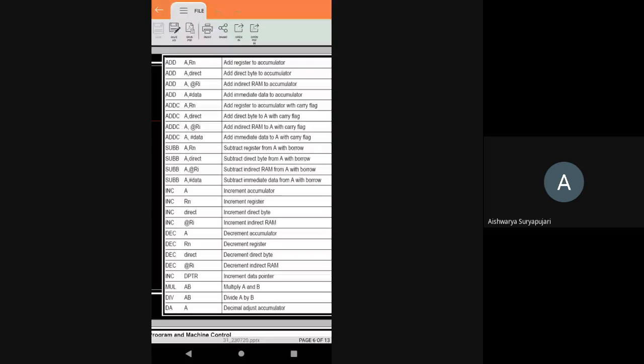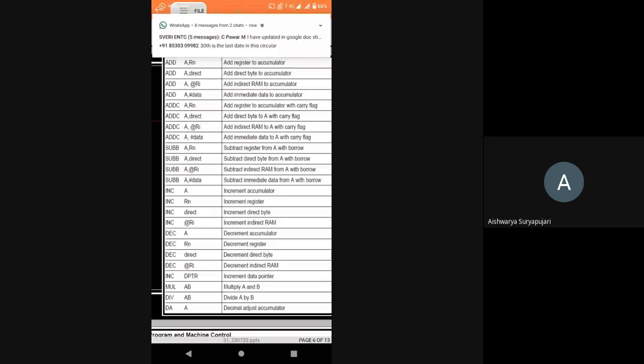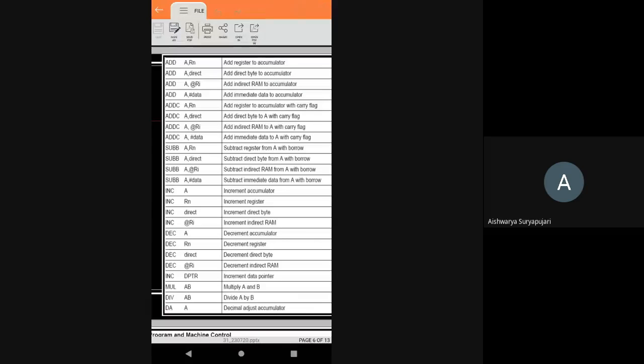MUL space AB. So AB, there is no space, no comma, no star in between. So MUL space AB continuous.